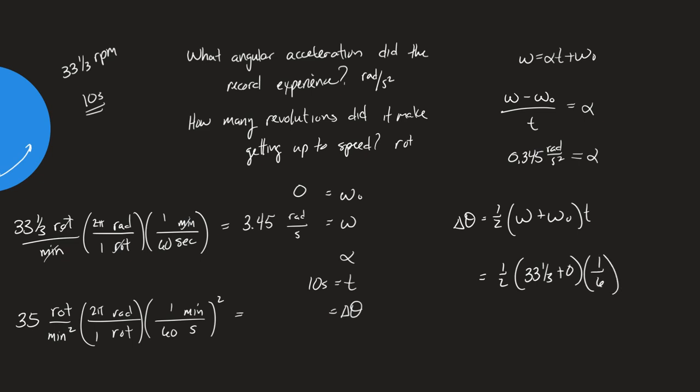You don't have to always convert to radians. If your problem is already in rotations in minutes, you can just put everything in minutes, and then you'll get an answer that is in rotations. But of course, you could have done 1/2 times 3.45 plus 0 times 10. This will give you an answer too, but this answer is in radians, and this answer is in rotations. You will have to convert this to rotations.